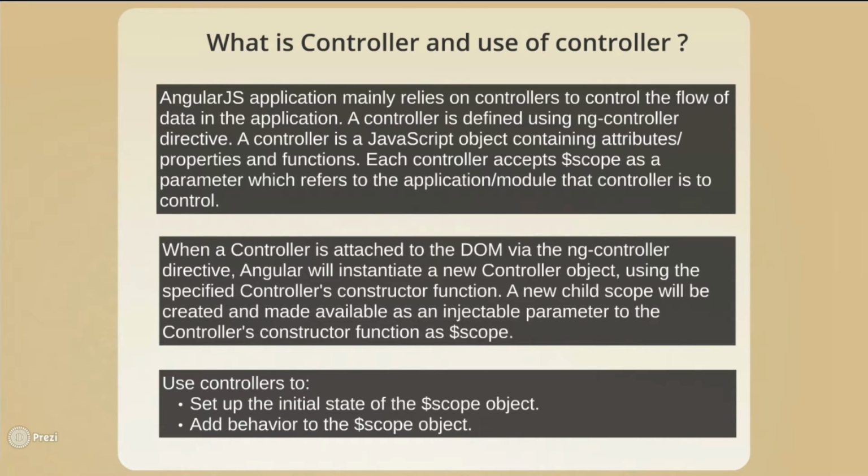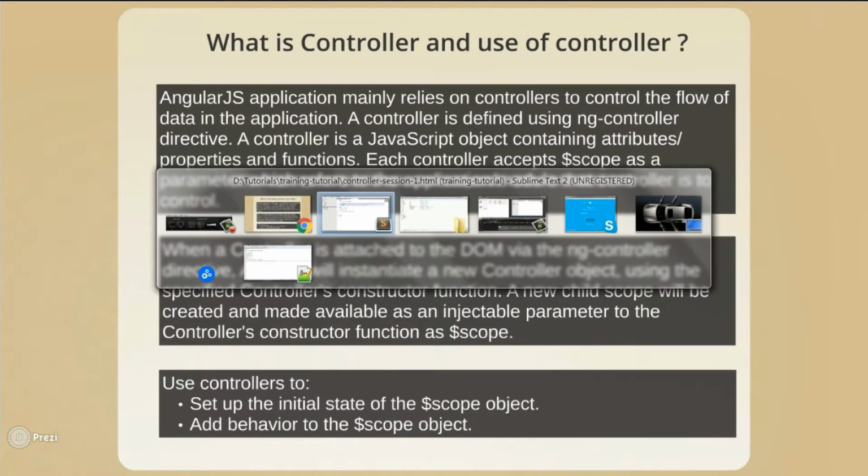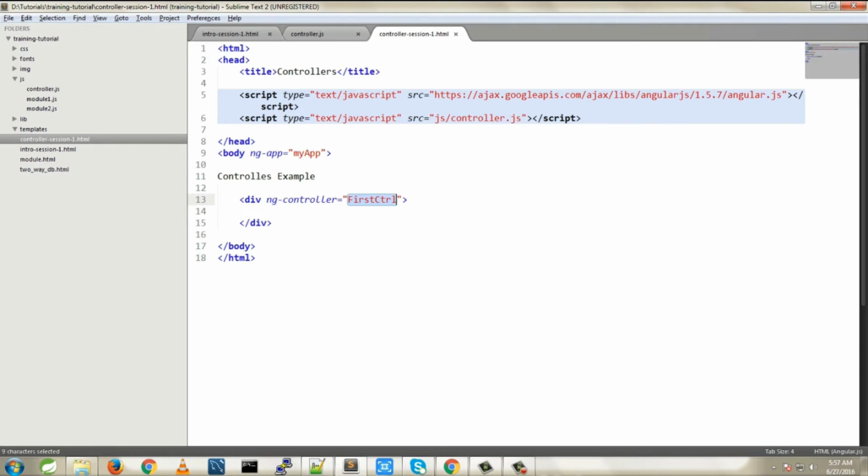Now what is the ng-controller directive? What does it do? The ng-controller directive attaches a controller class to the view. So what it is doing is attaching the firstController to the view.